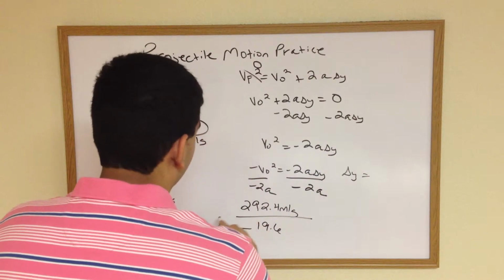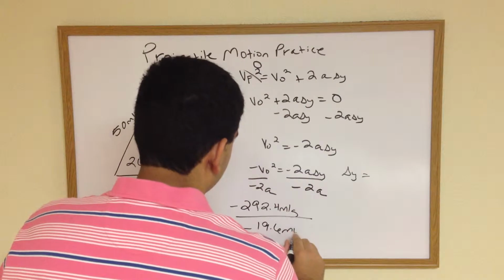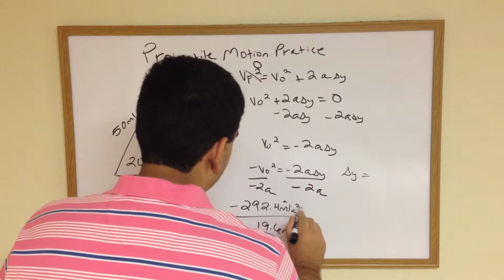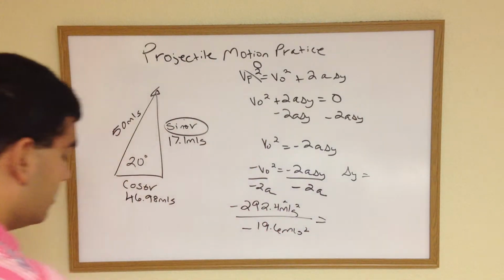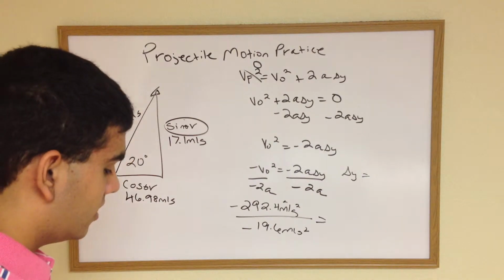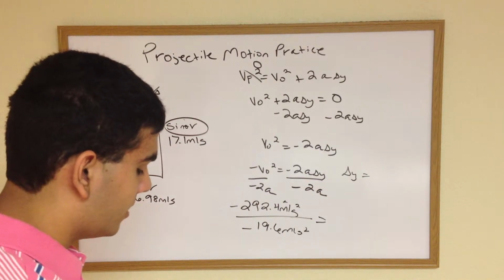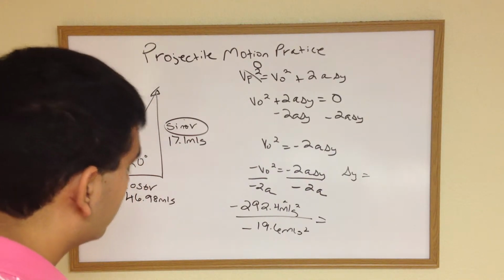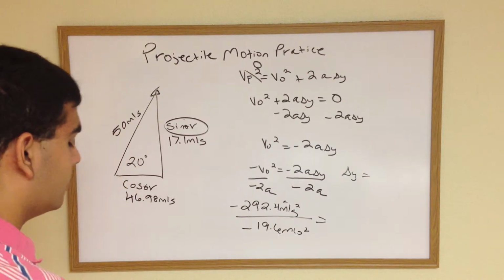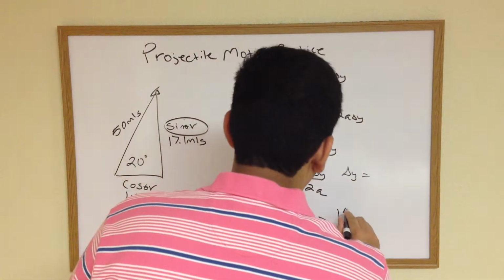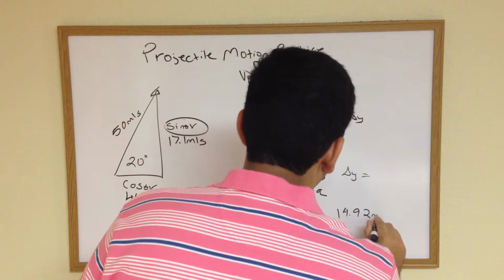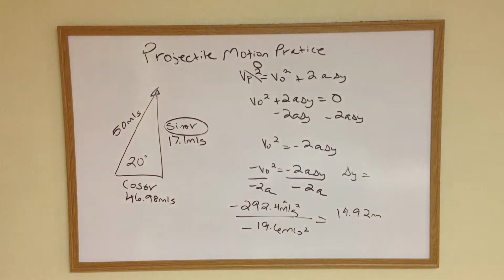And it is also negative on top. So 292.41 divided by 19.6 will give my maximum height to be about 14.92 meters. And that's how you figure out maximum height for this problem.